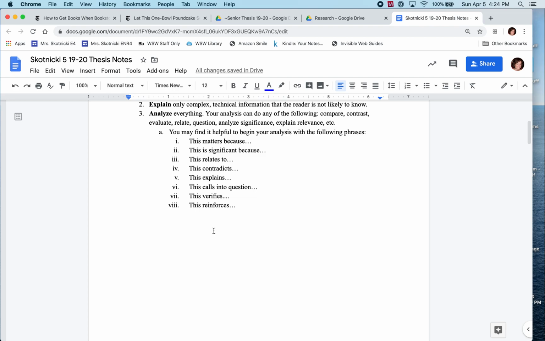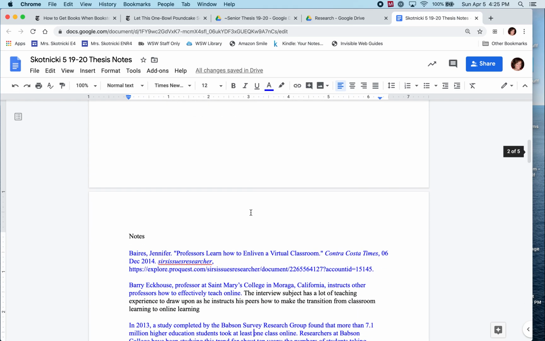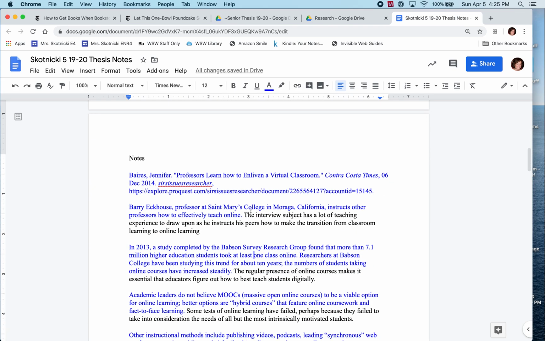If it's something to do with philosophy or astronomy, or something that the average reader is not going to understand without some kind of a translation, that's when you explain. But mostly this is a higher level of thinking. You should be comparing and contrasting, you are relating it to things, you're asking questions, you're verifying arguments, and so forth.